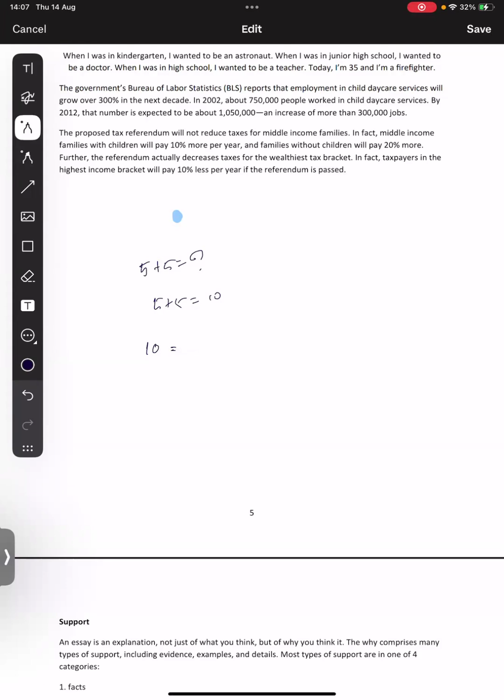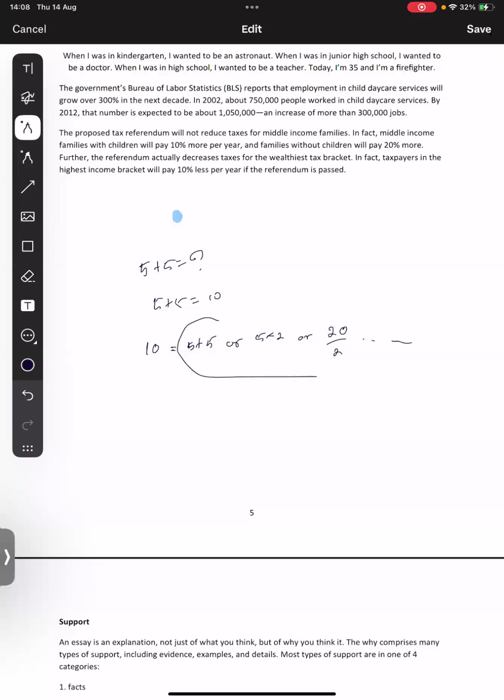You could say there's, I think, infinite answers for this, right? Because you can have 5 plus 5 equals 10, or you can have 5 times 2 equals 10. You can also have 20 divided by 2, and the list goes on and on.